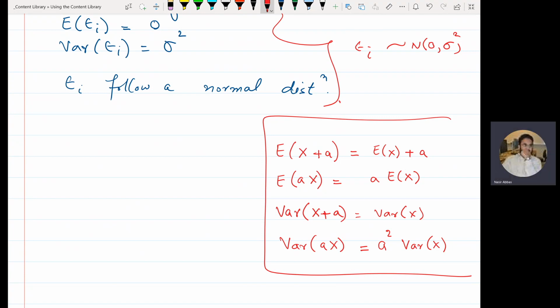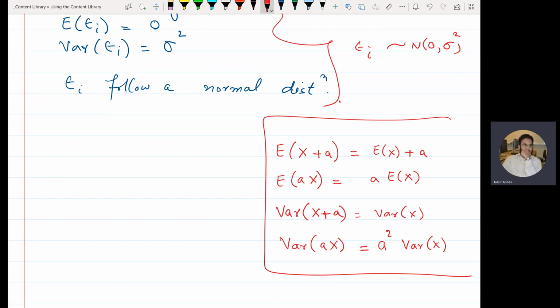If you have any confusion, go back and take a data of 10 values, call it X. Then define a new variable Y, which is X plus 5. Find the mean of this new variable, find the variance of this new variable, and you will see that the mean of this new variable is actually the mean of old variable plus 5. And the variance of the new variable will be nothing but the same as the variance of the old variable.